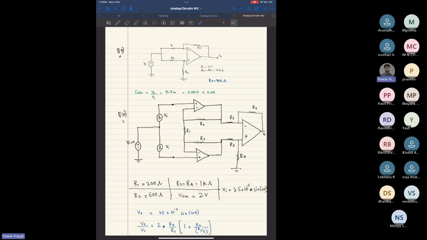Compute the gain of the first stage, that is the two left op amps, and then compute the gain of the second stage, that is your right op amp. That's how we'll proceed.